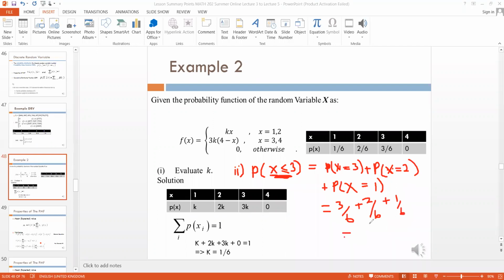In all this gives us 6 over 6, which is equal to 1.